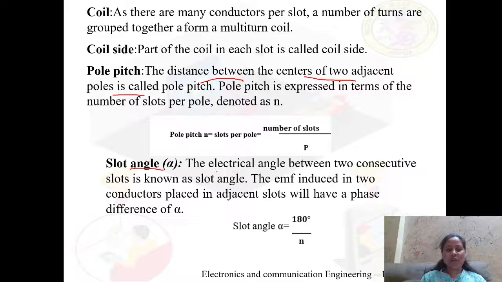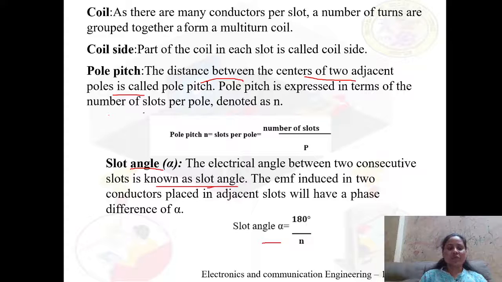Now what is meant by slot angle? The electrical angle between two consecutive slots, we call it a slot angle, and it is always calculated as 180 degrees divided by n. That means the angle produced by a single slot, we call it a slot angle. The pole pitch is nothing but the distance between the centers of the two adjacent poles, right?